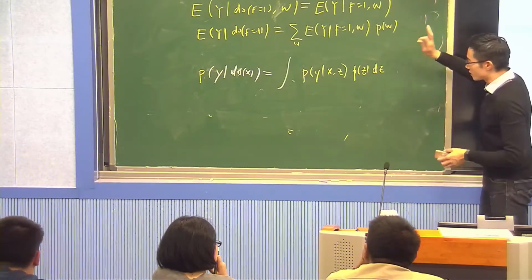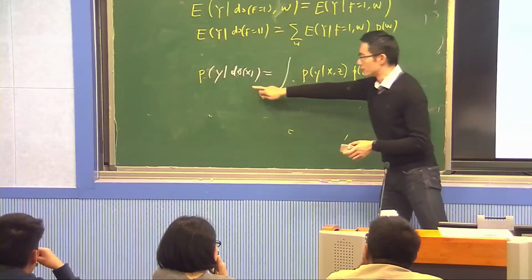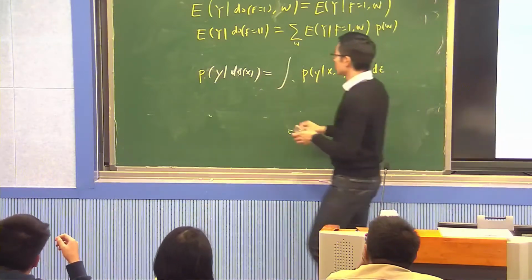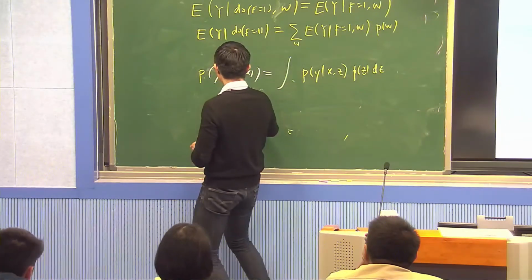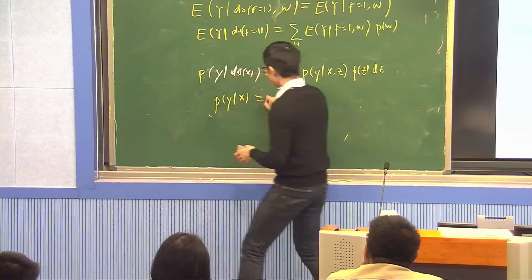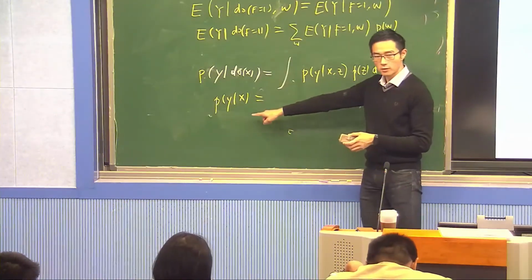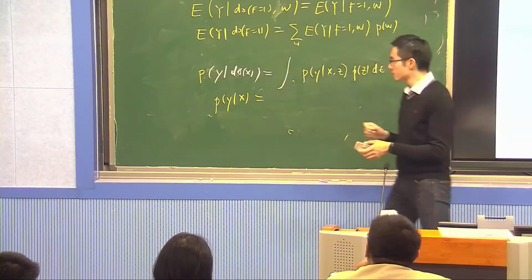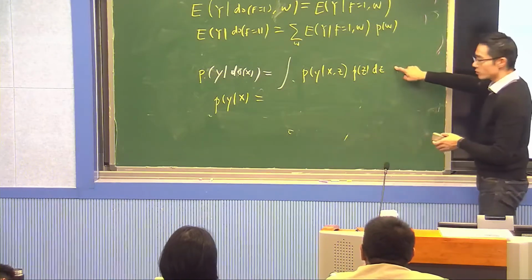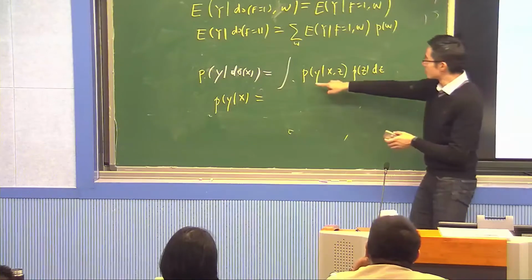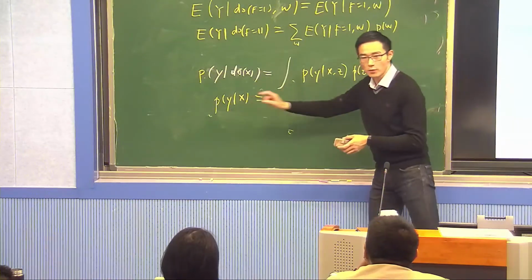So if z satisfies the backdoor criterion, this is our formula. But what is P(y | x)? This is causal, but what is correlation? What's the correlation between x and y, P(y | x)? Is it also equal to this? Is this expression also equal to P(y | x)?